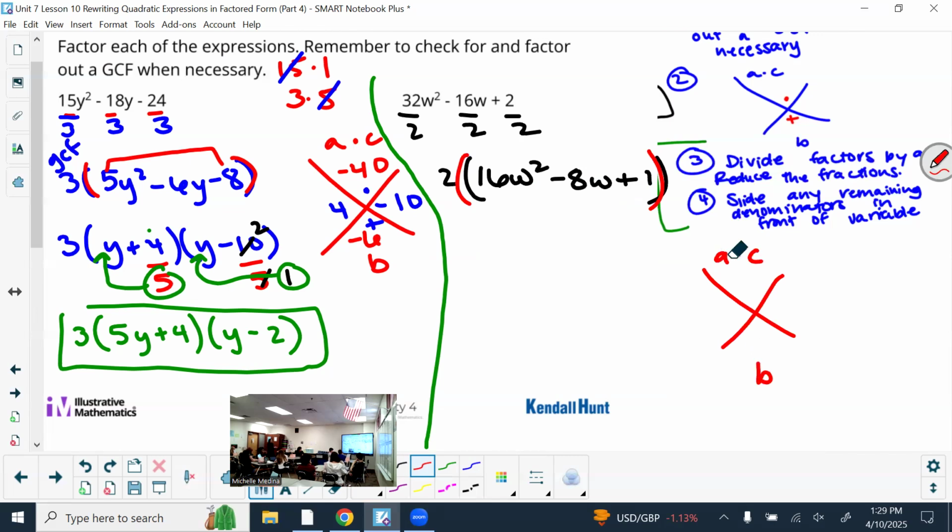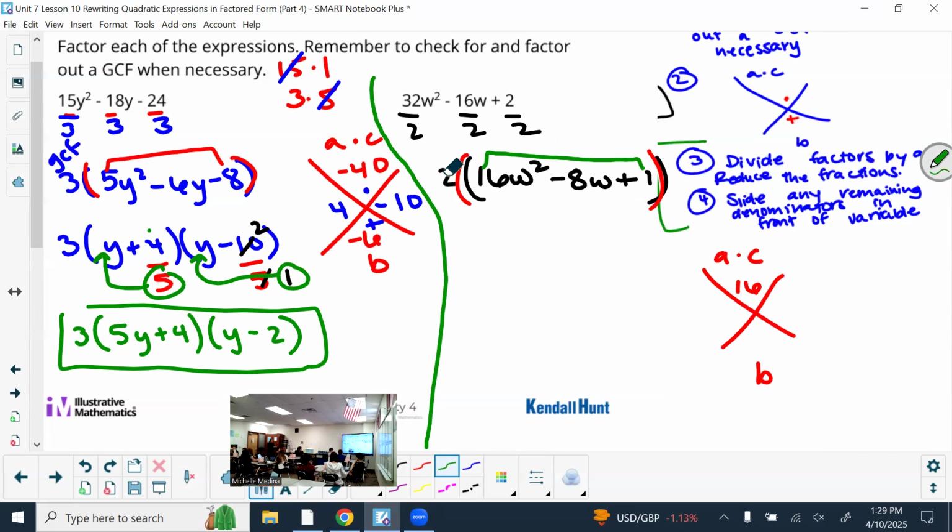What's going to be my A times C on this one? 16. So that's me sliding the A over, timesing it by C, 16 times 1.